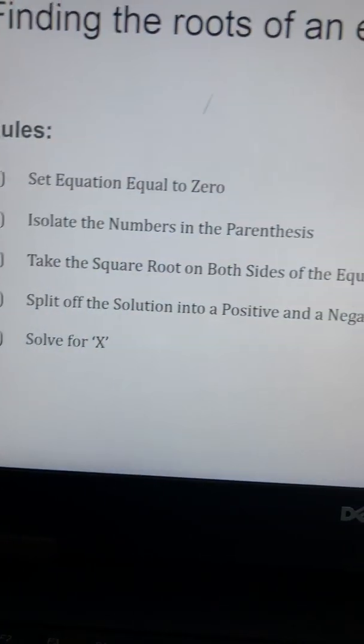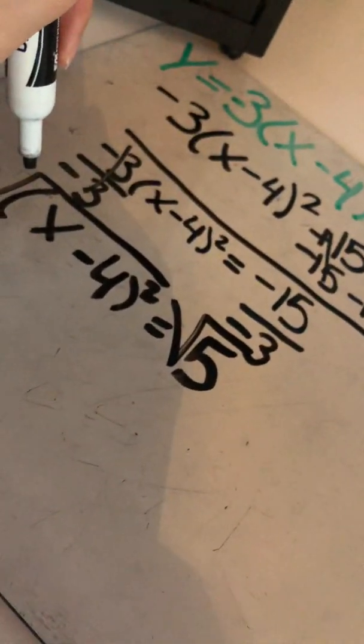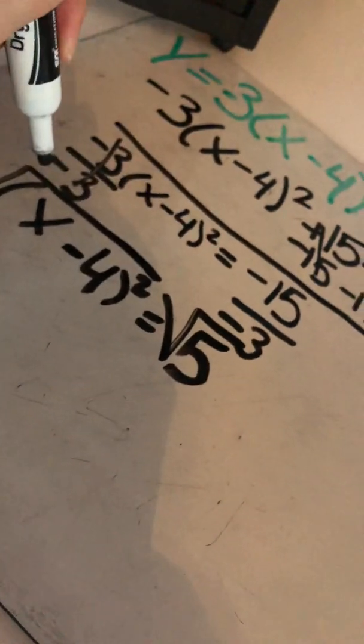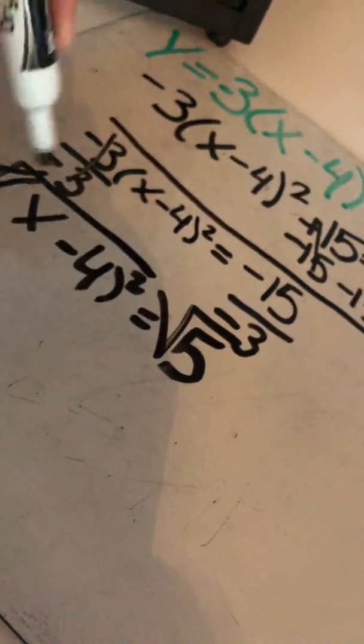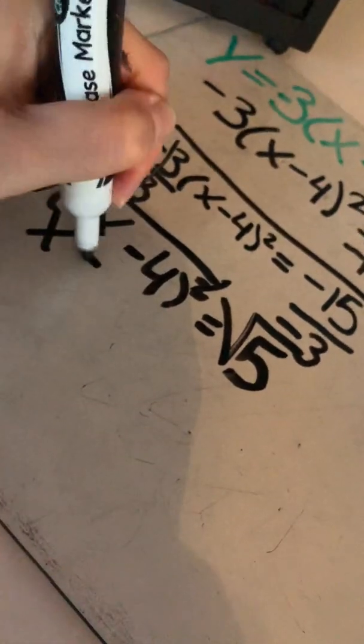All right, my third step is to take the square root of both sides of the equation. Remember, taking the square root of something being squared cancels out the square root sign and the squared sign. So this is just x minus 4.